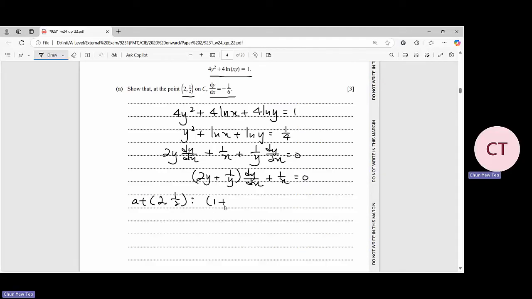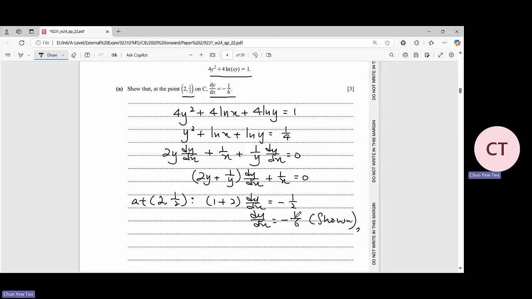So you will get 1 plus 2 dy/dx equals negative 1 over 2. Therefore dy/dx is negative 1 over 6, shown. That is how you get the answer for question 2a.